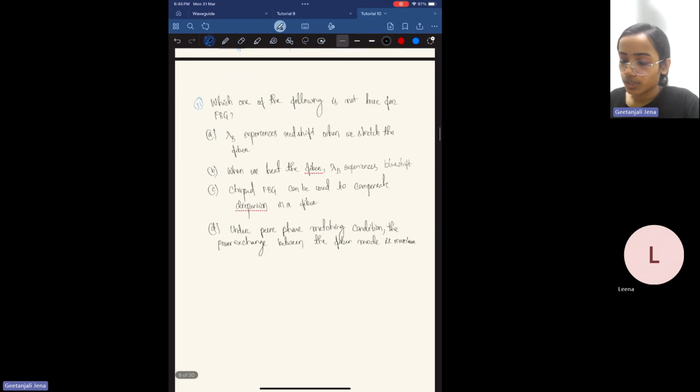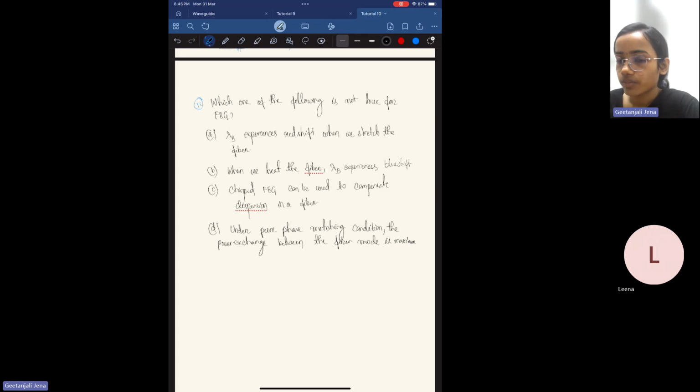Okay, so let us move to question number 11, which is a conceptual one. Can you please go through the question and let me know what are the possible options you can think of? Let me read out the question first. The question says, which one of the following is not true for fiber Bragg grating? Option A, lambda_B experiences redshift when we stretch the fiber.